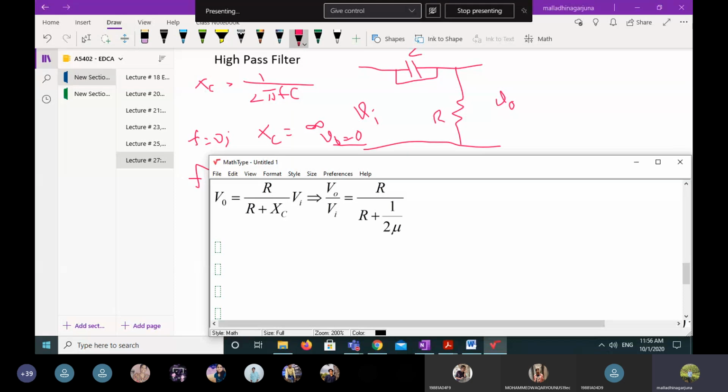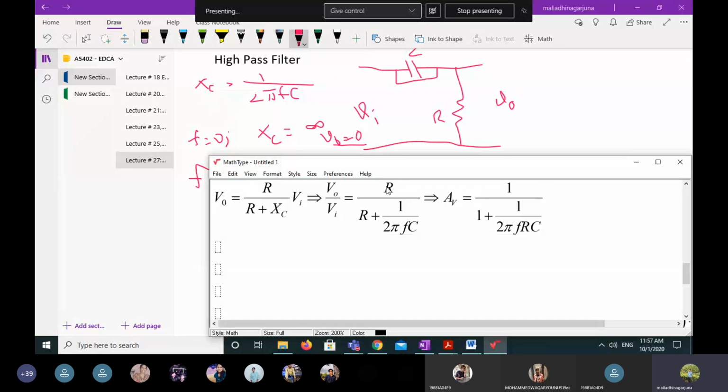So V naught by Vi, which is the voltage gain AV, is equal to, taking R common in the numerator and the denominator, both get cancelled. So 1 divided by 1 plus 1 divided by 2 pi fRC.